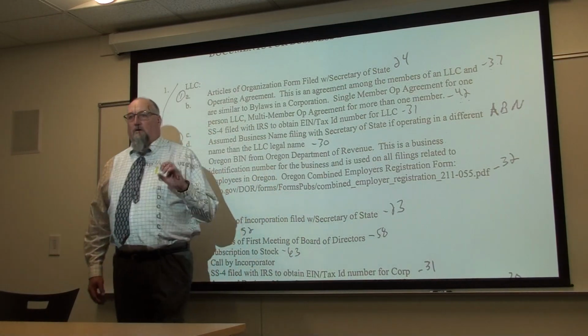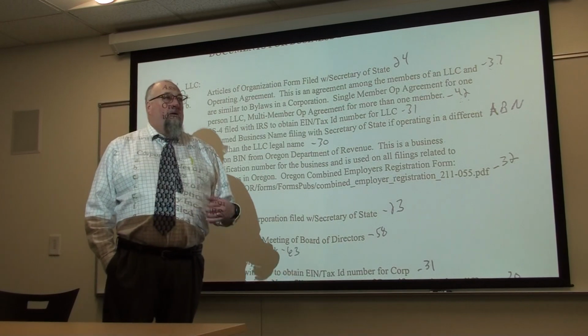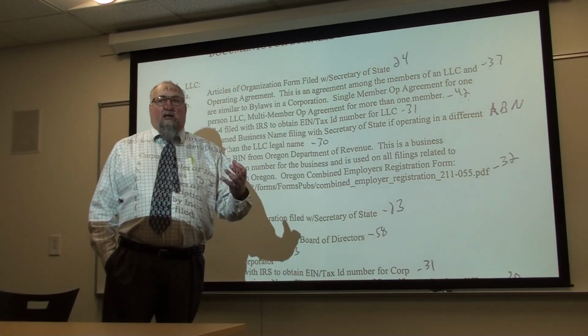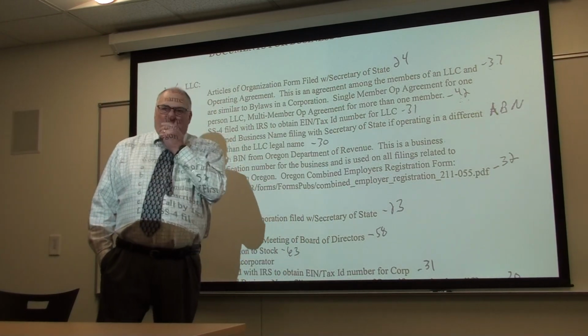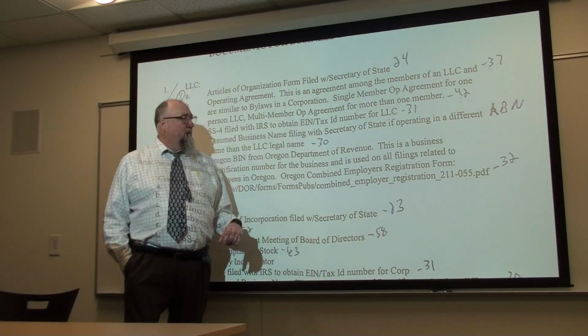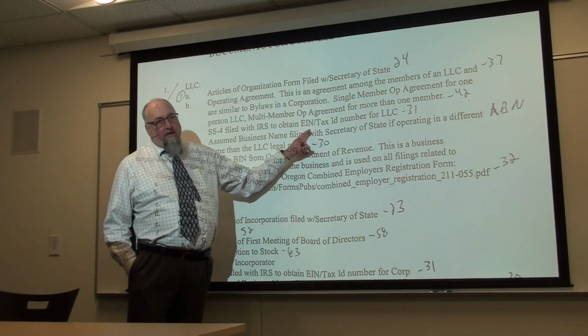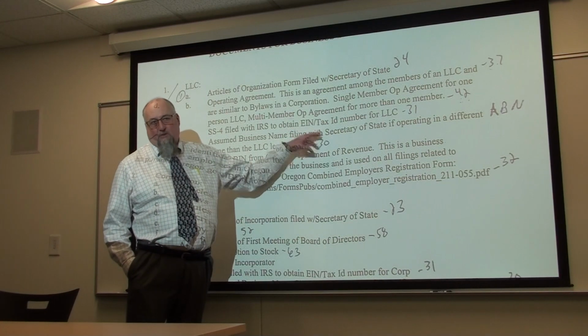And that's the number that the Internal Revenue Service will give to a business for tax filing purposes. It's sort of like a social security number for a business, in a way. So EIN, TIN, employer ID number, tax identification number, same thing.